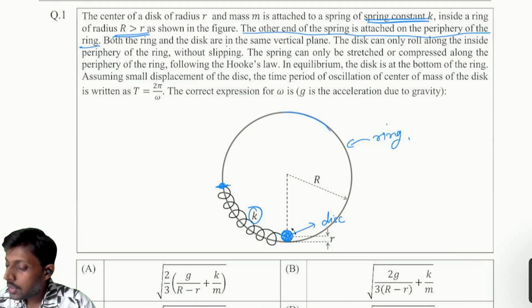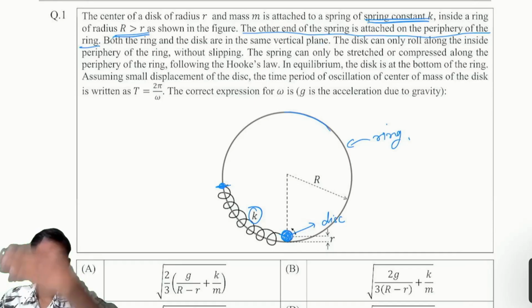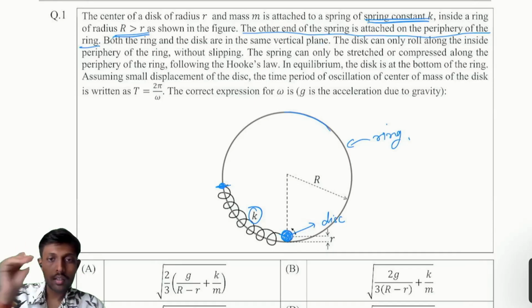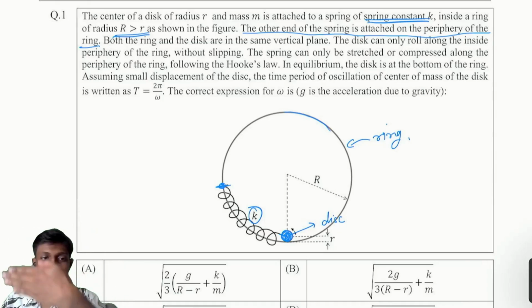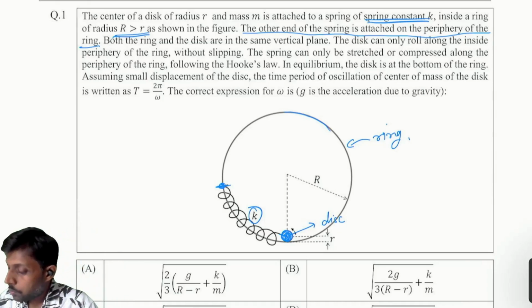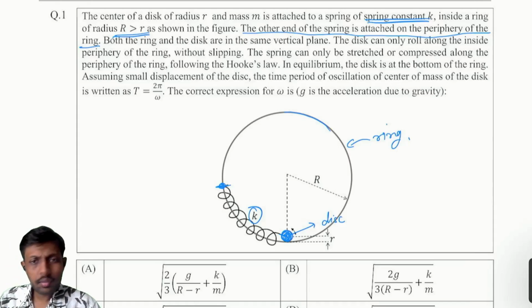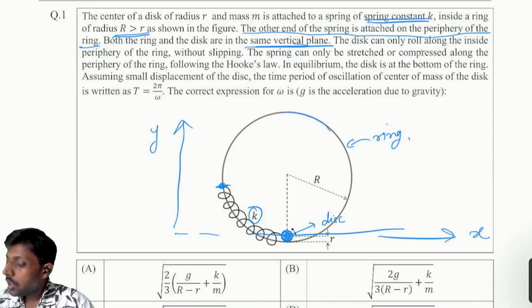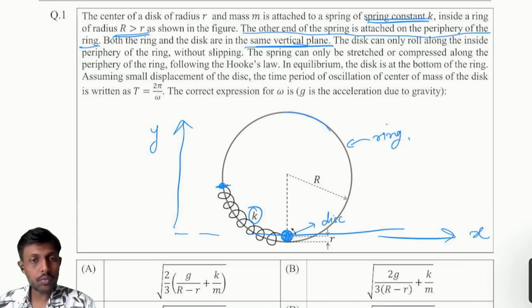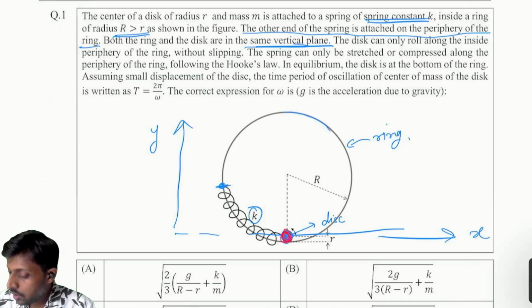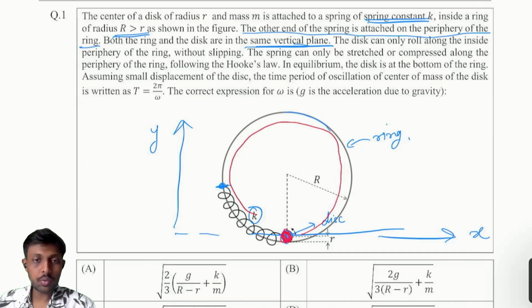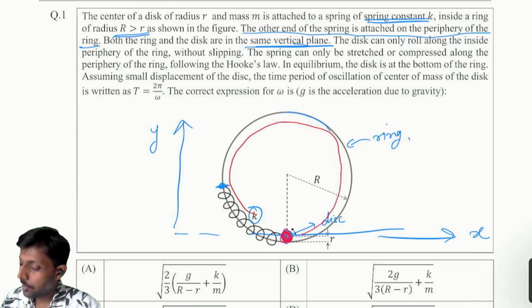Both the ring and the disk are in the same vertical plane. So this setup, you can say it's in one vertical plane. So let's call that the XY plane. The disk can only roll along the inside of the periphery of the ring. So this disk, it can roll only along this path, along the periphery.